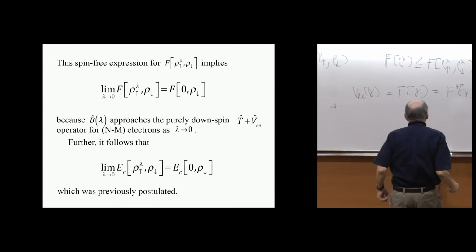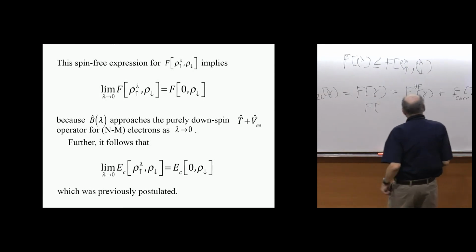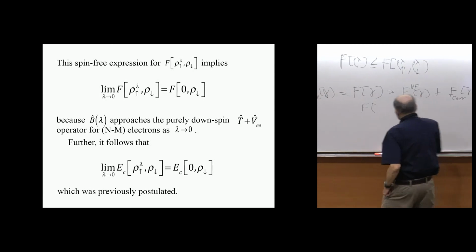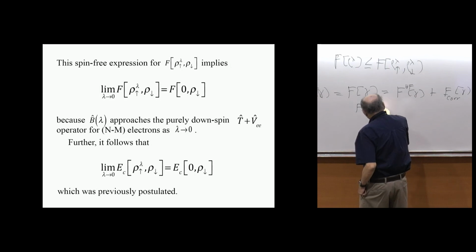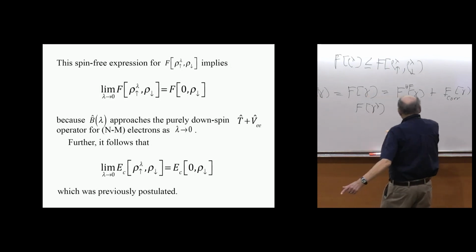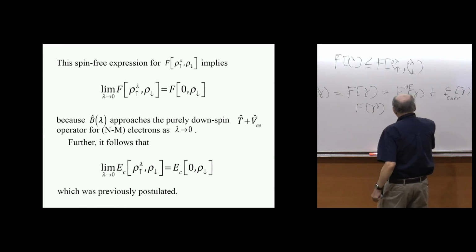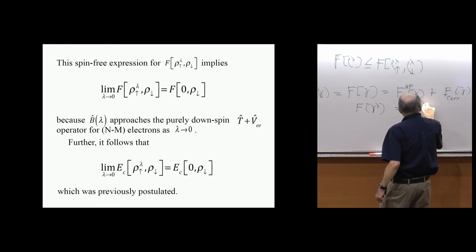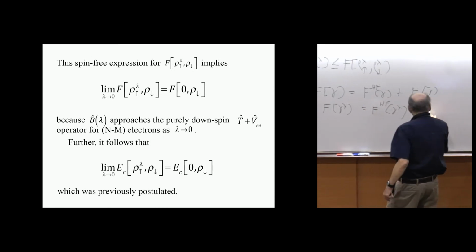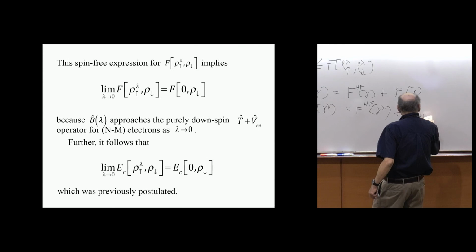If you scale gamma, it is equal to F Hartree-Fock of gamma scaled plus E correction of gamma scaled.